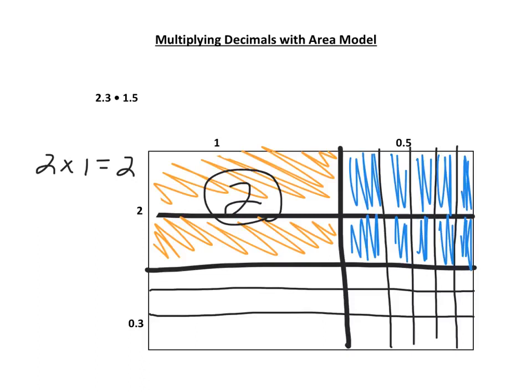And how I really got that, this is 1 whole, was I took the 2 and I multiplied by the 5/10. So that section is 2 times 5/10, and that gives me 1.